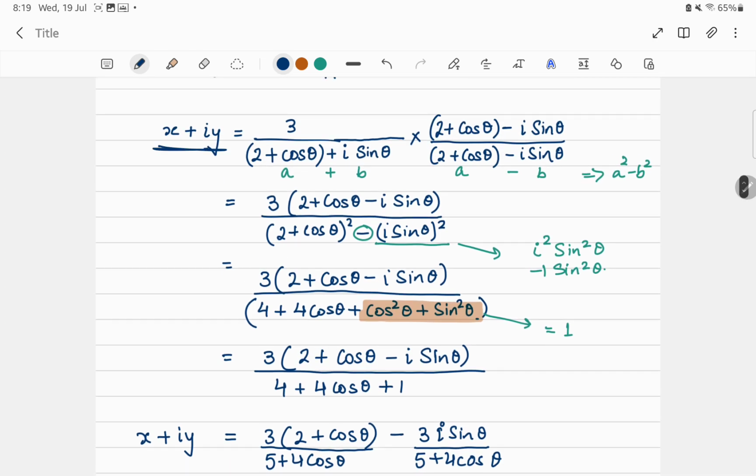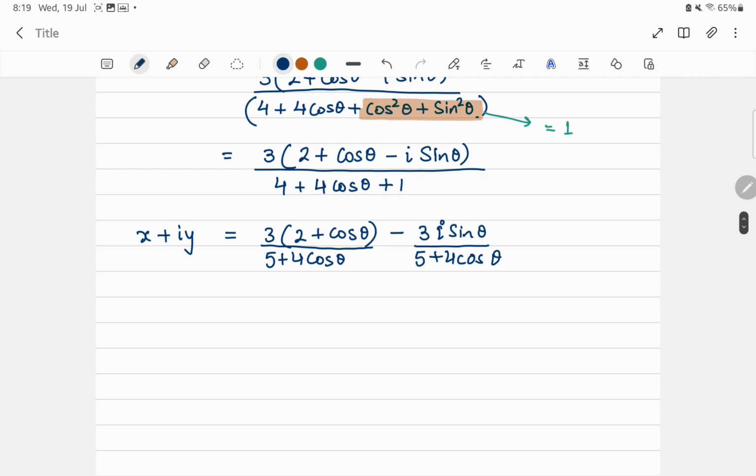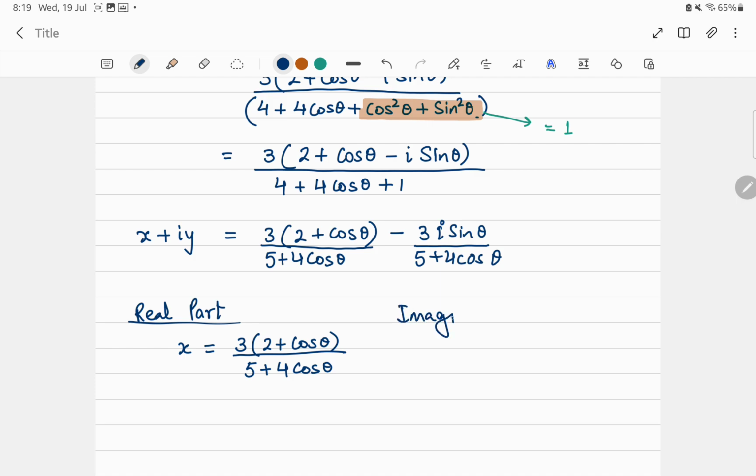Now we will do real and imaginary parts. We'll separate them. All right, so real part is x = 3(2 + cos θ) over (5 + 4 cos θ), and your imaginary part is y = −3 sin θ over (5 + 4 cos θ).